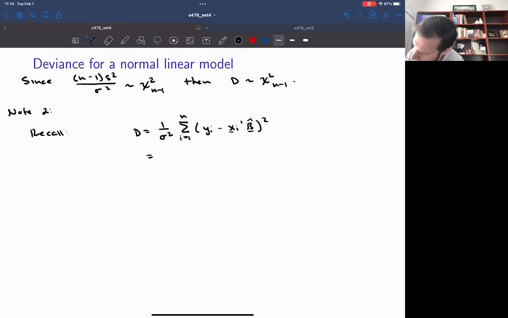This is the same thing as 1 over sigma squared times (y minus X beta hat) times (y minus X beta hat) transpose.